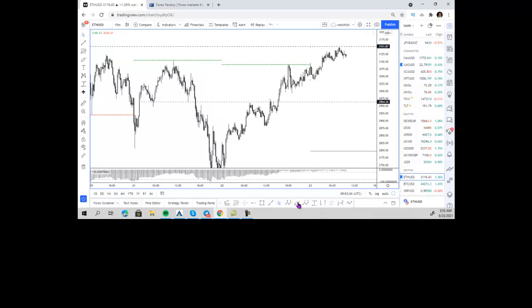Well, the first one is, of course, this previous base right here. But to be completely honest, I wouldn't be short on a momentum breakout of the 3,100 level, just because this is yesterday's highs, right?